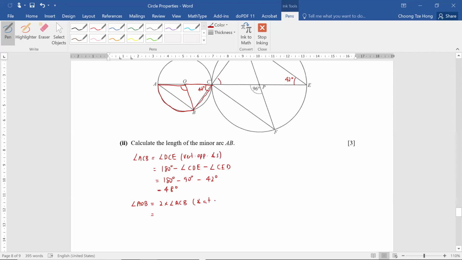Angle at center equals twice angle at circumference. So we'll get 2 times 48 degrees equals 96 degrees. Now that we found this angle already, all we need to do is to find the radius of this circle, because we will need to use 96 over 360 times the circumference of the whole circle to get this arc AB.